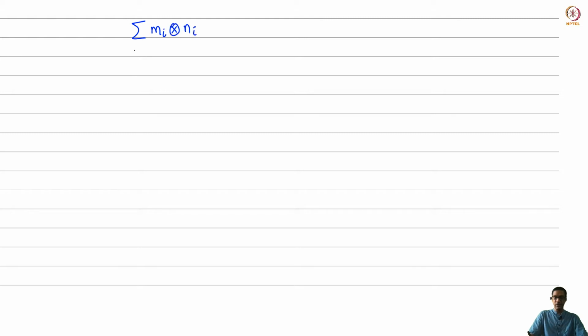Remember, anything can be written like this, though not necessarily uniquely. Let me tell you what the left S action is: S acting on this on the left is just that you act on mi on the left by S. Remember, M is a left S module, so this makes sense.